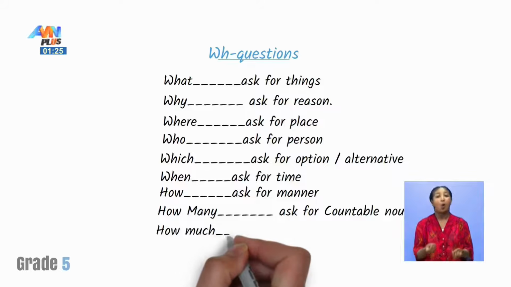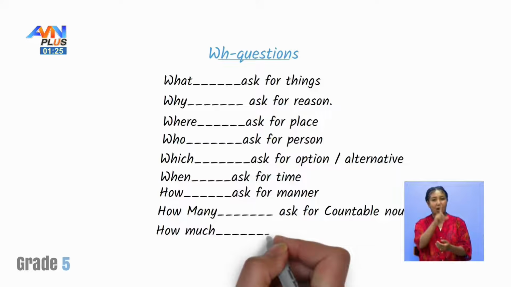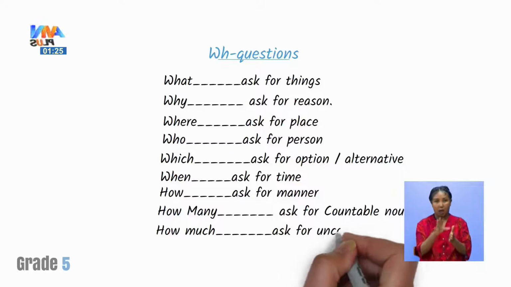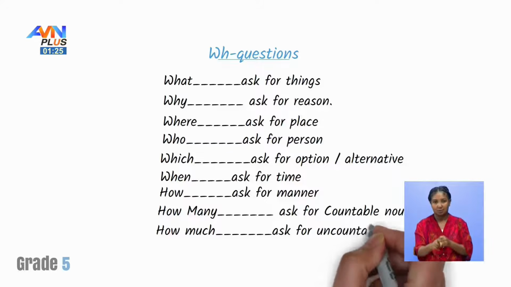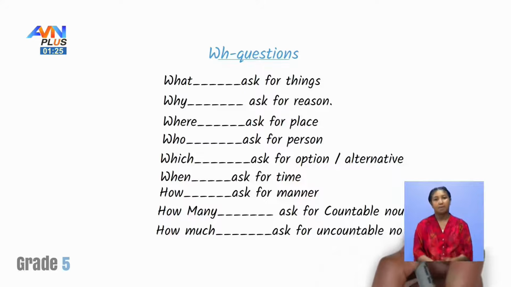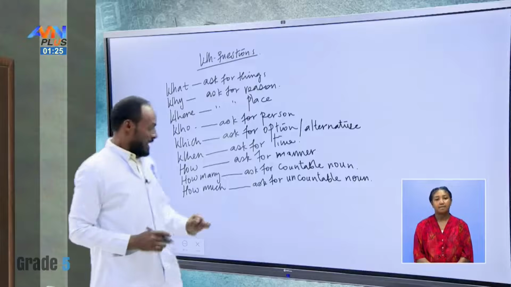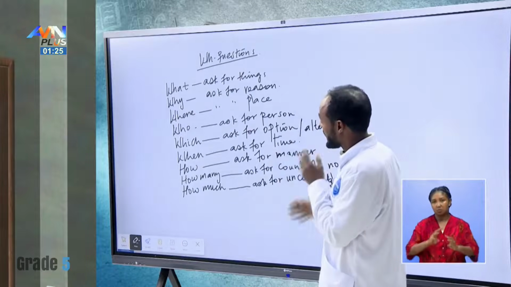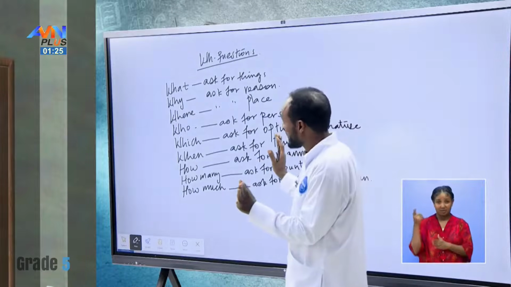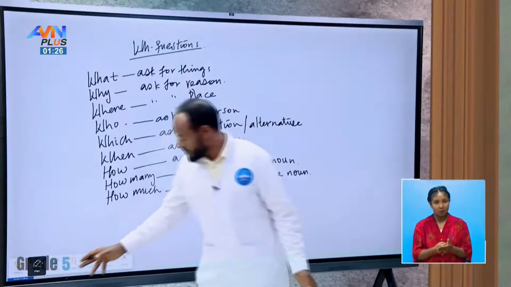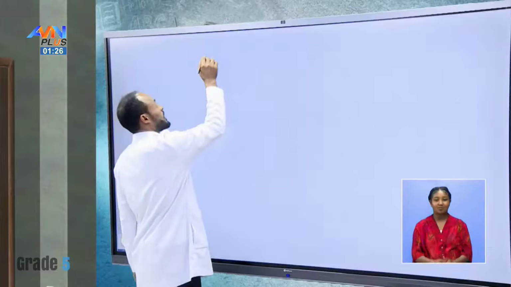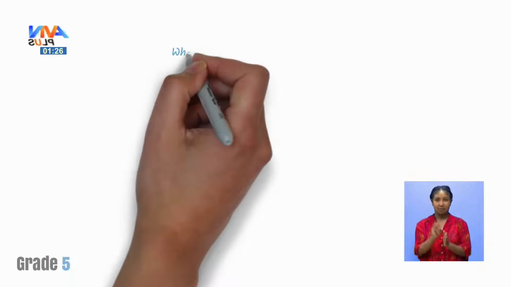How much is used to ask for uncountable nouns, something which cannot be counted. This and the others can be used in such ways. I hope it's clear. So, now I'm going to prepare this in question forms. For example, WH question.